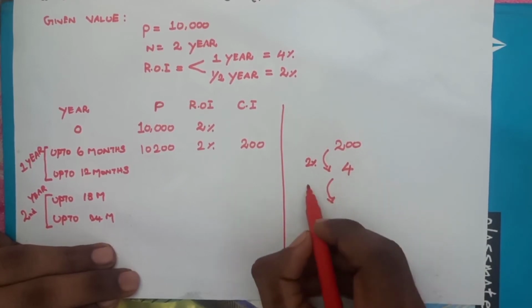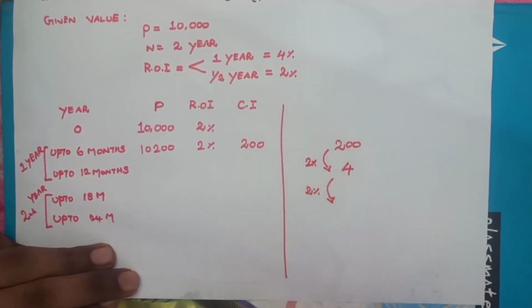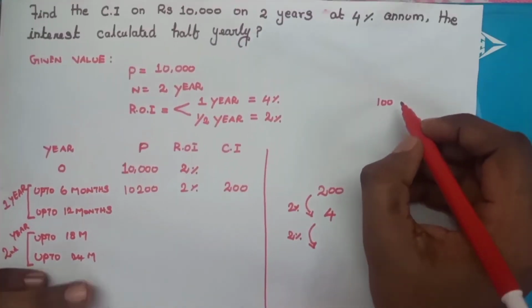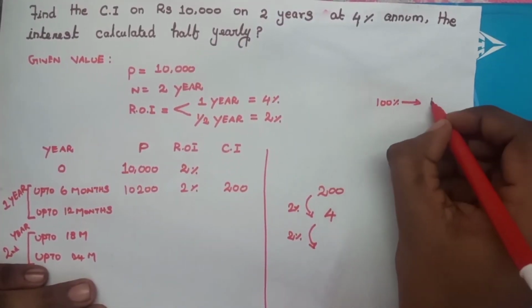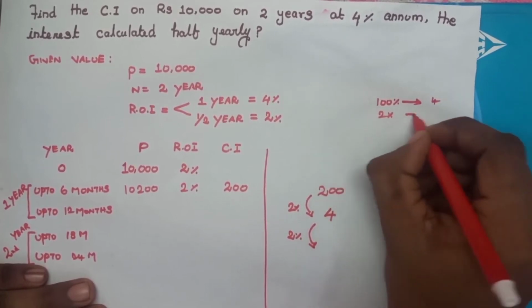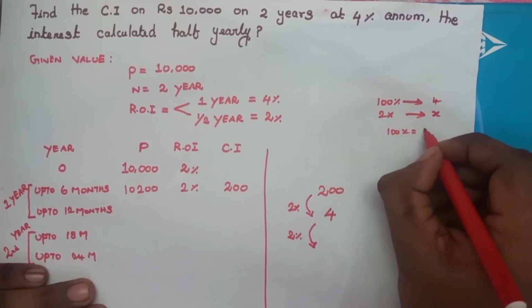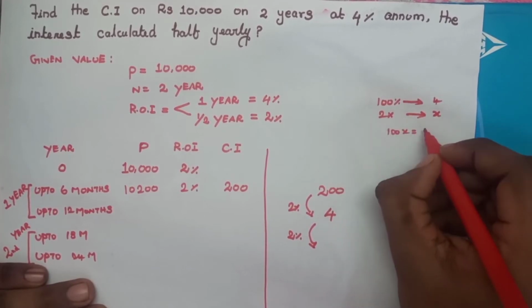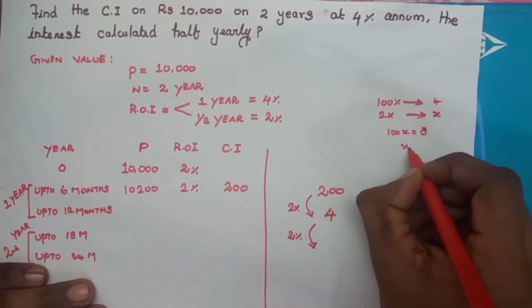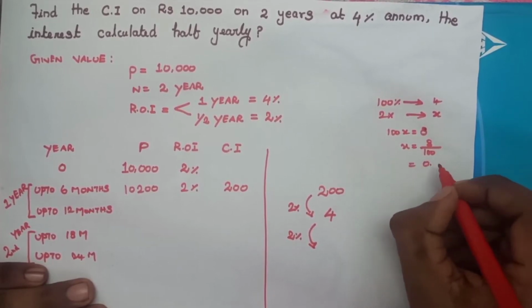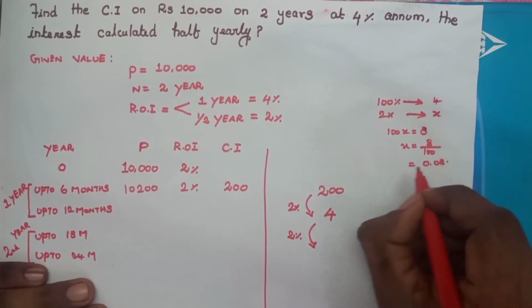And again you will take 2% of this, and just consider 10% is 4, then what is 2%? X, right? Here 10x equal to 2 4s are 8, right? X equal to 8 divided by 100, then it's 0.08, right?